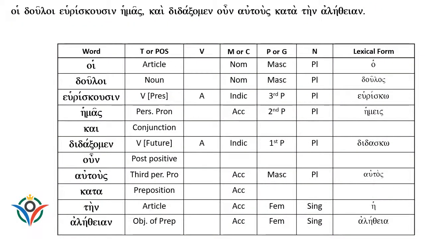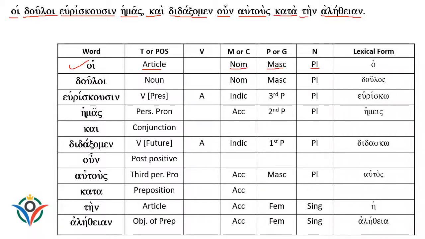All right, our final translation example for today reads, hoi douloi heuriskousin hēmas kai didaxomen oun autous kata tēn alētheian. All right, look at the first word, hoi. All right, it's an article. It's nominative, masculine, plural.